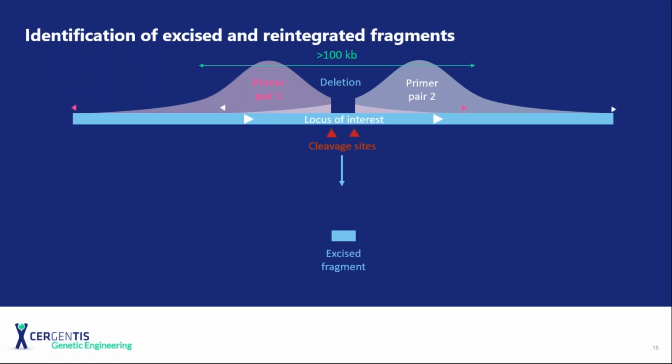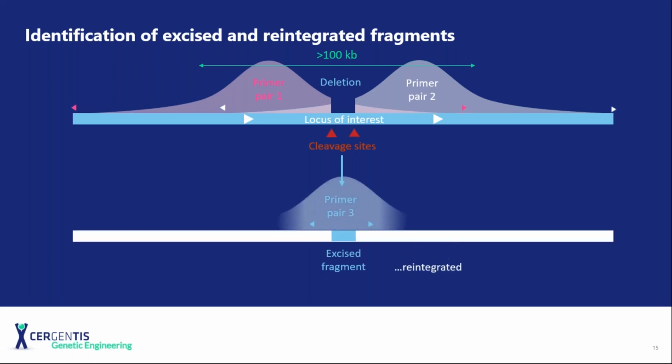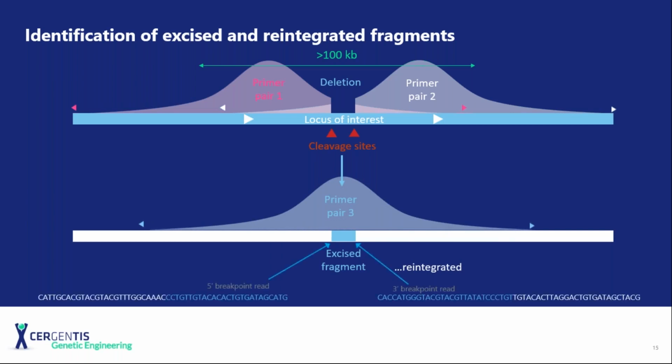And as we can then design a new experiment based on the deleted fragment that was supposed to be present, we design a third primer pair to be able to detect where and as such also how many times the excised fragment integrated into the host genome.